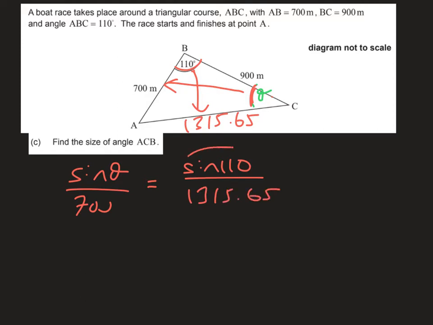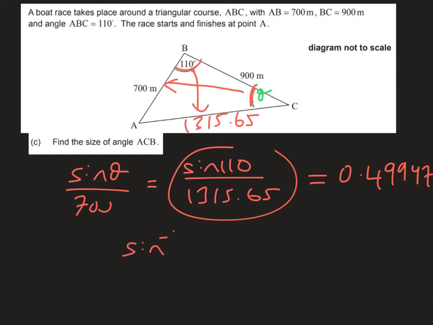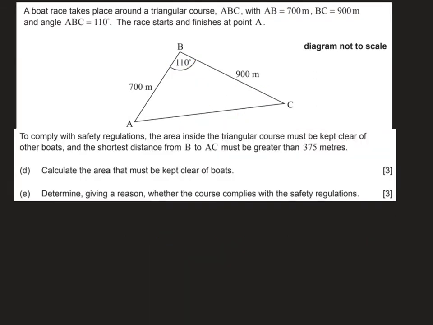So we're just going to take this and multiply it by 700, which is going to give us 0.49997, and that's going to be sine theta. So if we want to find theta, we need to do inverse sine of 0.49997, and that is going to give you an answer of 30 degrees.